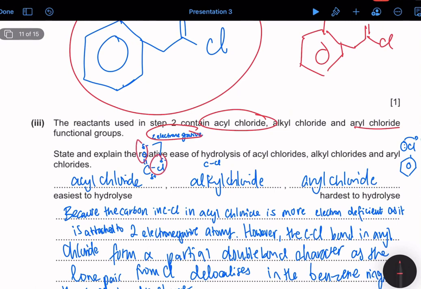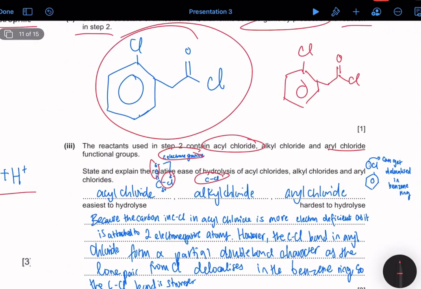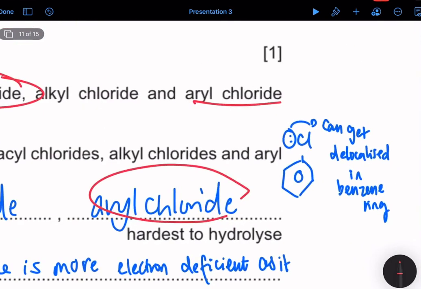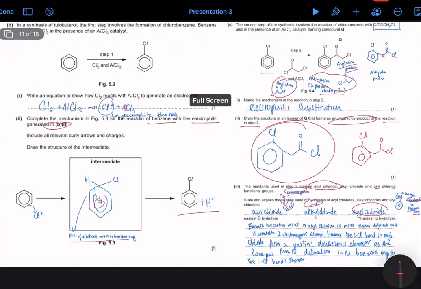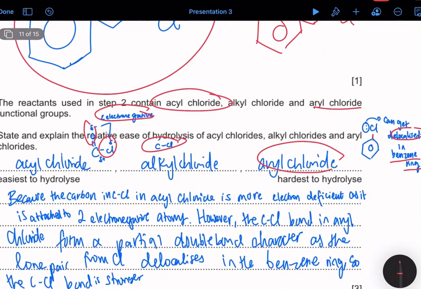And for your alkyl chloride, right, you have your C-Cl bond, but for your aryl, your Cl is directly bonded to the benzene system itself, so your lone pair of electrons can get delocalized. So yeah, that's why it's very difficult to hydrolyze.